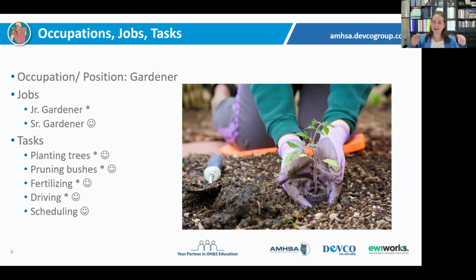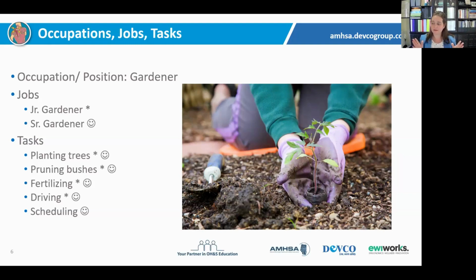So you can see when we do a task breakdown, for this example, which I literally just pulled out of the air, some of the similar common tasks between the two would be planting trees, pruning bushes, and probably fertilizing. Depending on a lot of things, they might be driving between locations, or they might be hired to complete their work at one specific location.